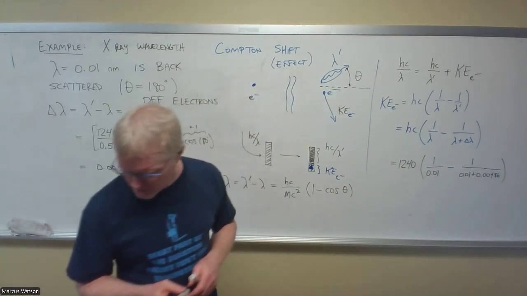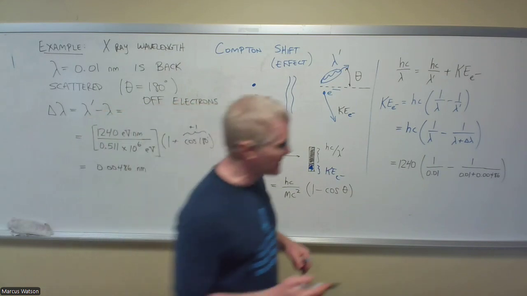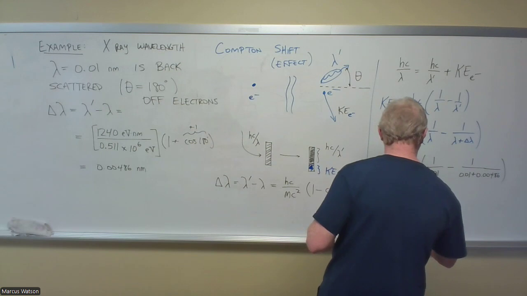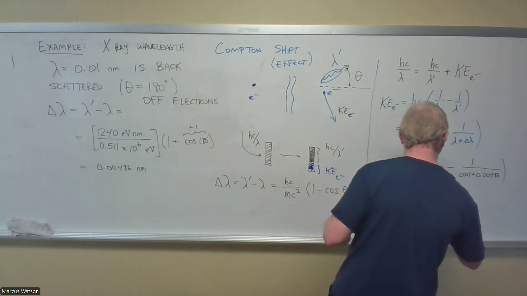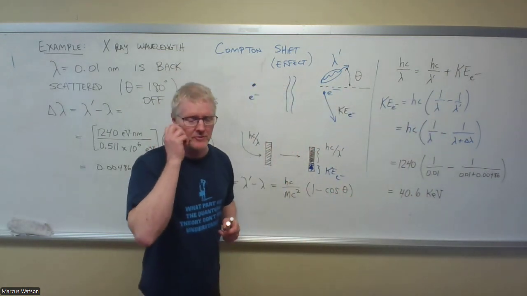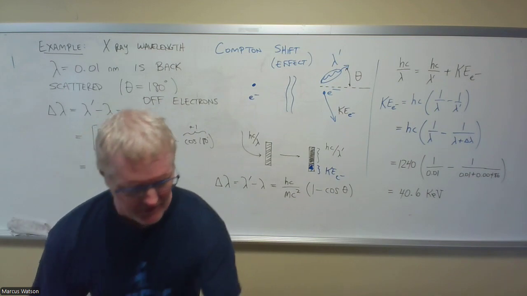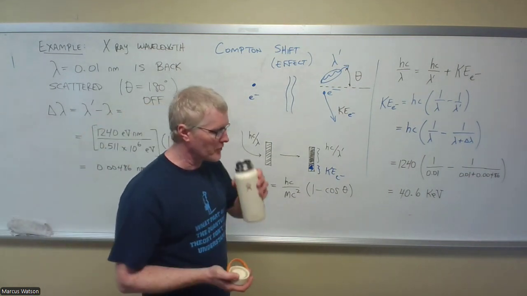When you do this calculation, I ended up getting 40.6 keV. 40.6 kilo electron volts. So 40,000 electron volts.